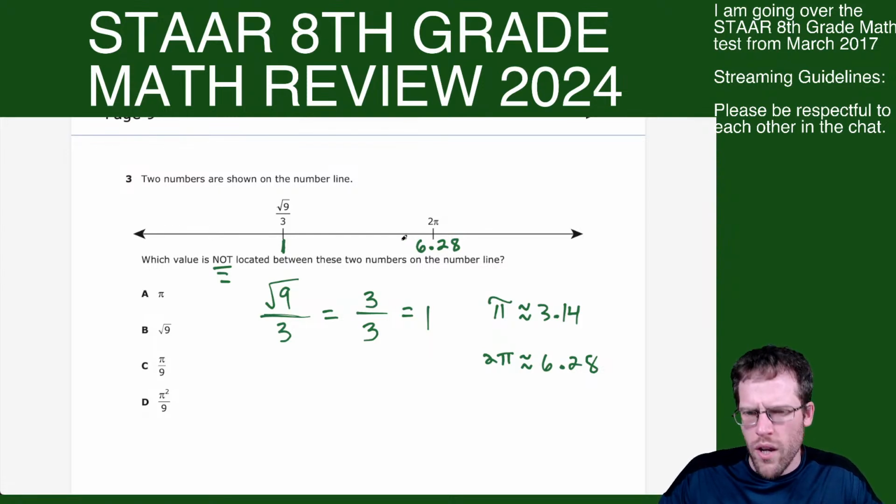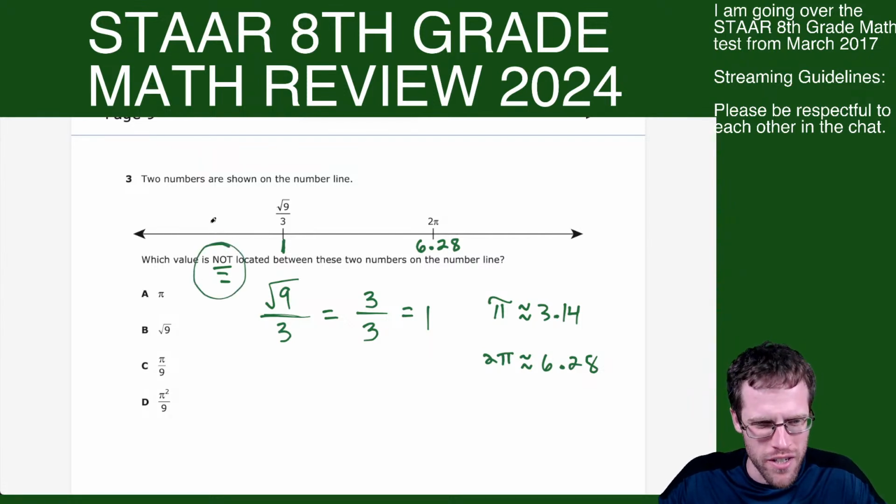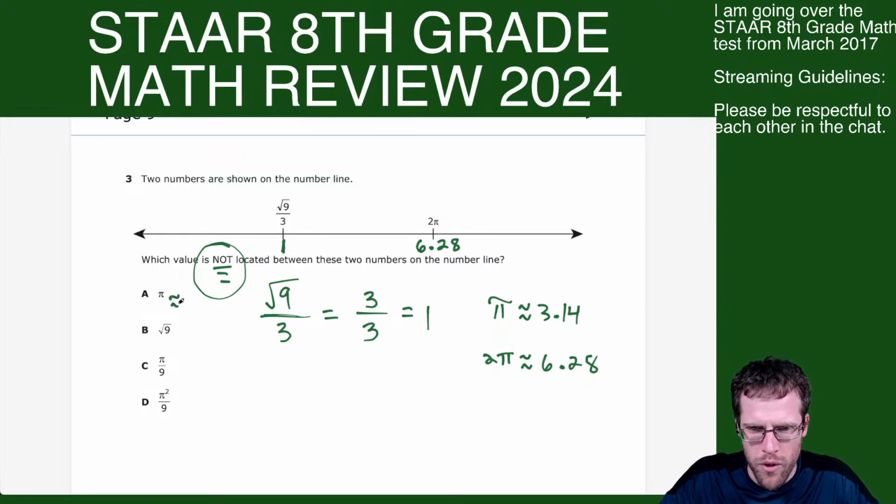So right away, which one is not located? Okay, so even after I underlined it 3 times, something was throwing me off because I was like, wait a minute, pi is roughly 3.14, and this is definitely between 1 and 6.28. Square root of 9 is equal to 3, which is definitely between 1 and 6.28. So this one's out, this one's out.